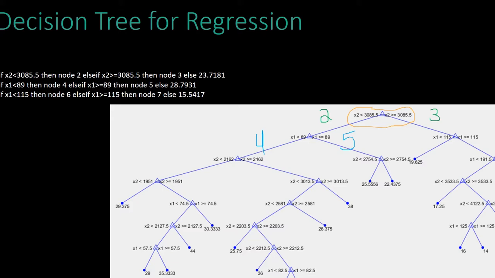The next step, step 3, correlates with node 3. If x1 is less than 115, then go to node 6. If it's greater than or equal to 115, go to node 7. And so on and so forth until the decision tree is finished.